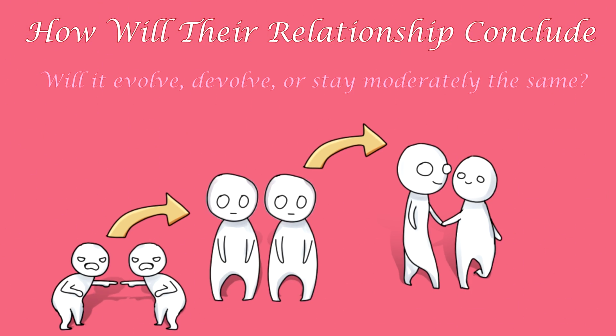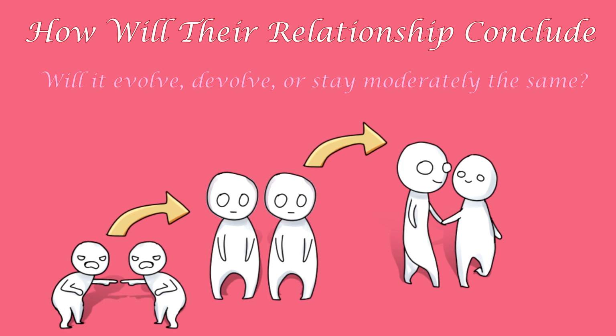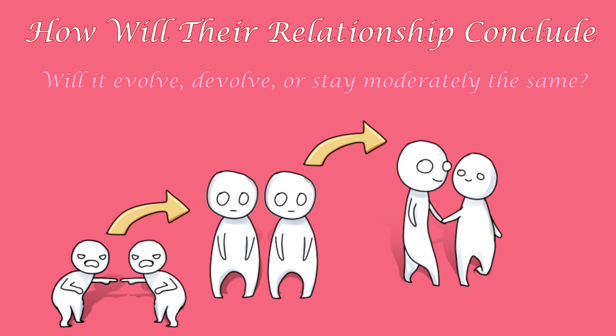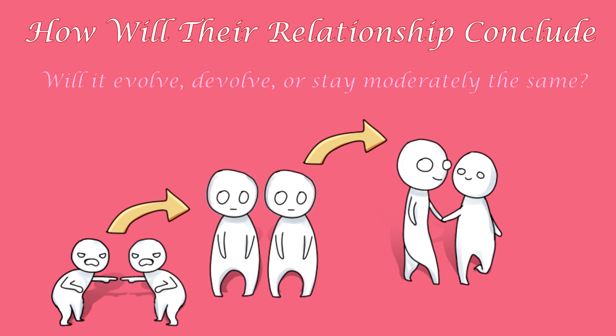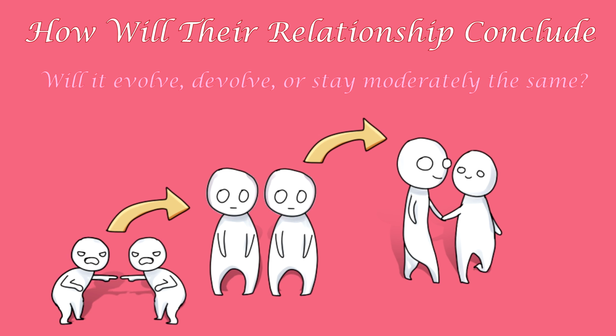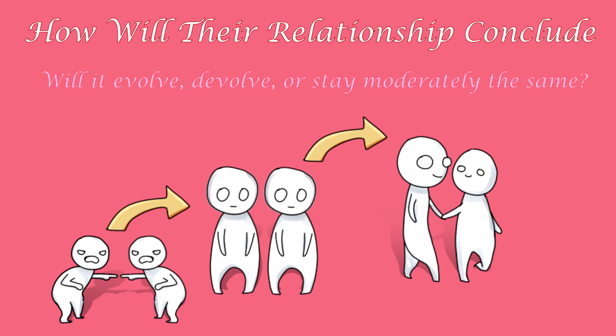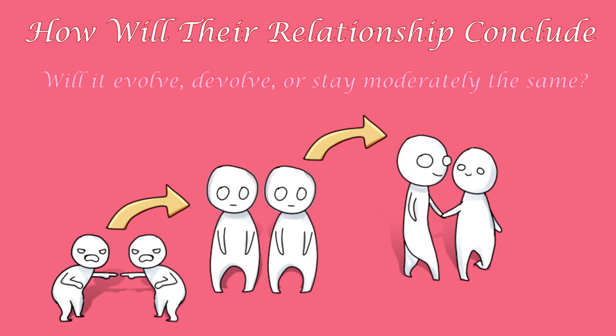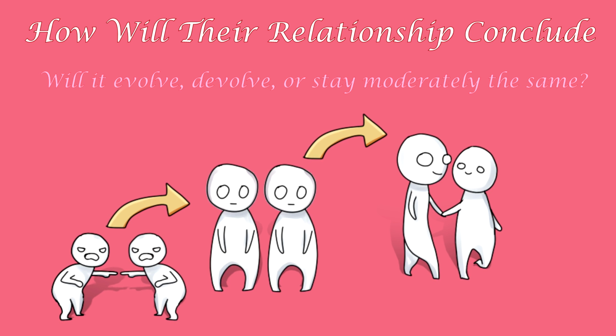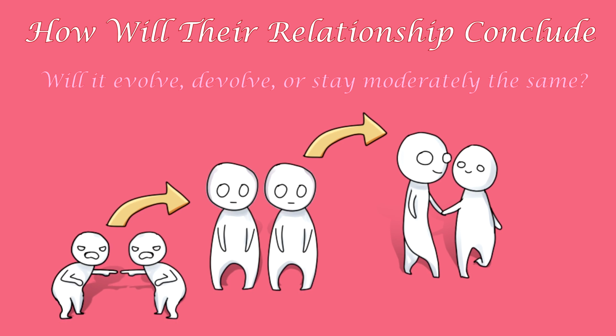Will it evolve, devolve, or stay moderately the same? Often, the main character will have turbulent relationships that change over time. That creates friction and usually a more interesting narrative, especially if you're creating a story centered around the main character's romantic life. Sometimes, though, stability is comforting to the audience and too much turbulence wears them out.